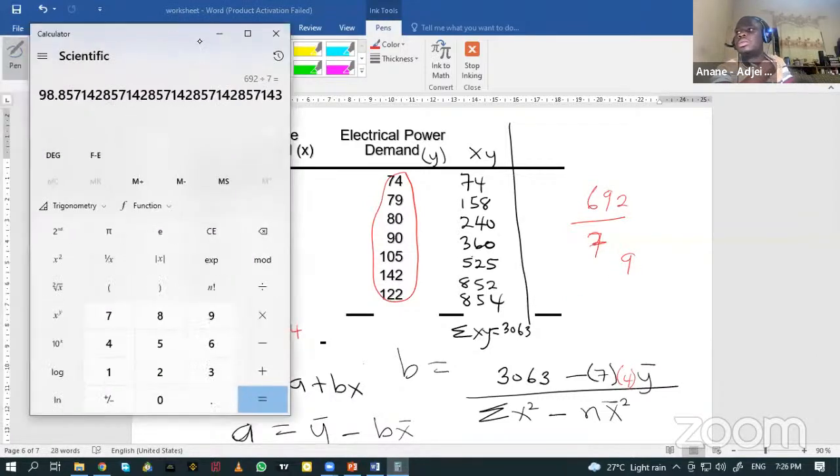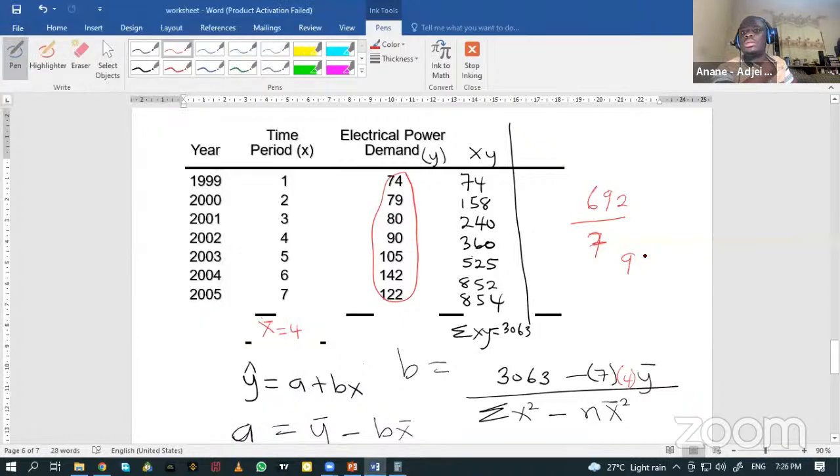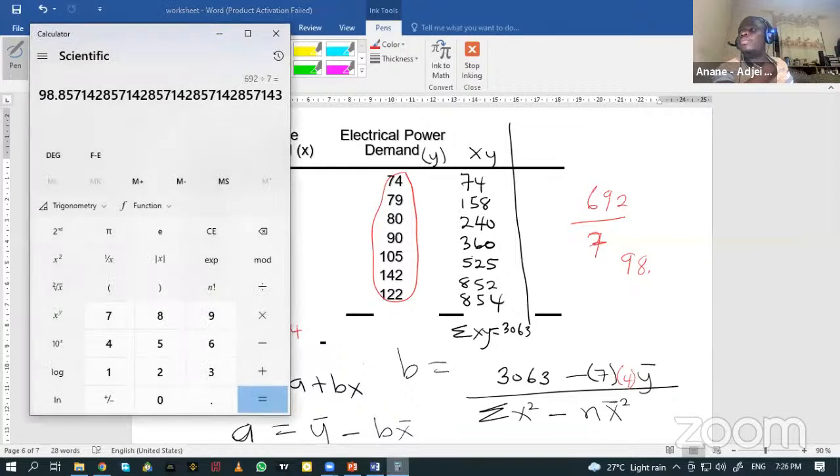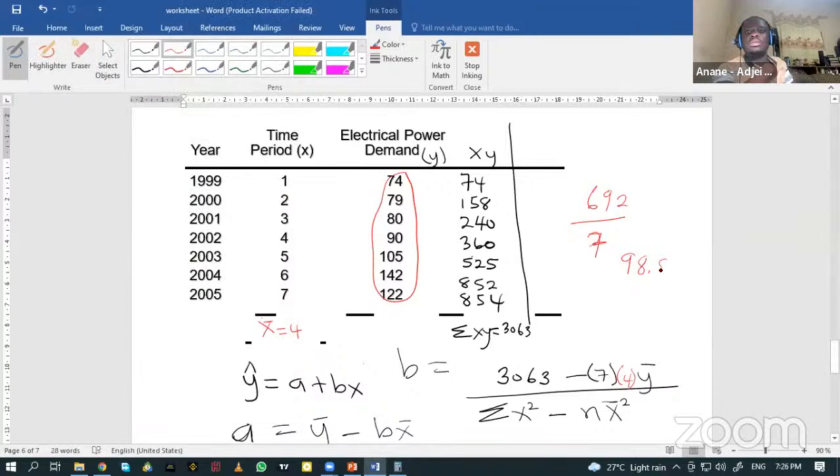98.86 to two decimal places. So our Y bar is equal to 98.86. Somebody says 99.86.